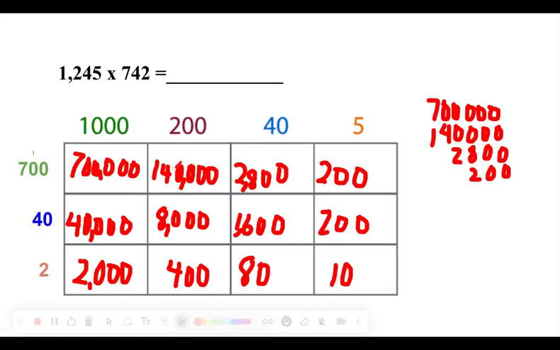Some people like to add the bigger number first. It really doesn't matter as long as you make sure you have the right number. So I would go on, and then I would add it up. And whatever I get after I add all of these partial products will give me the correct answer.